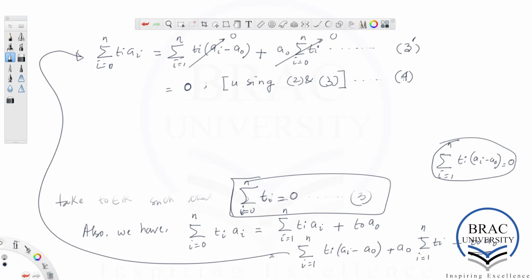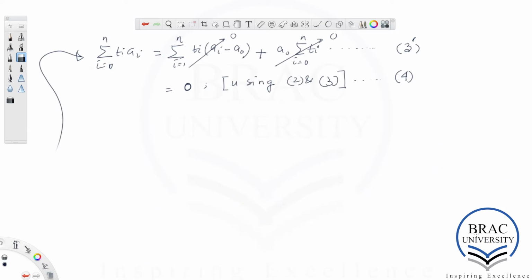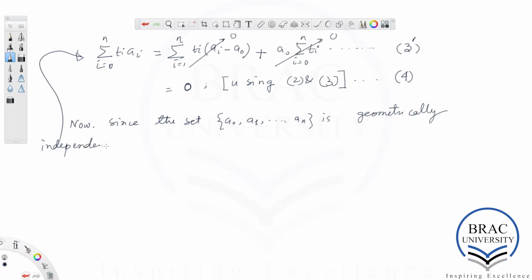Now, let me erase this part. Since the set A0, A1, all the way up to An is geometrically independent, okay, so 3 and 4: 3 was this, the sum over ti is equal to 0, where you sum over all i's from 0 to n.